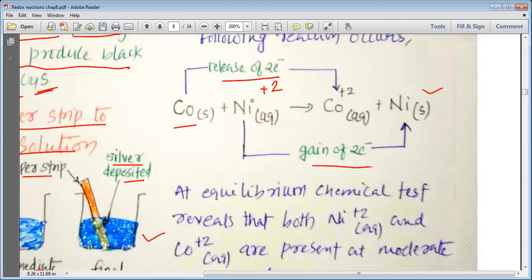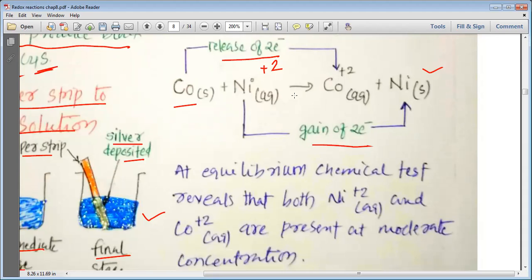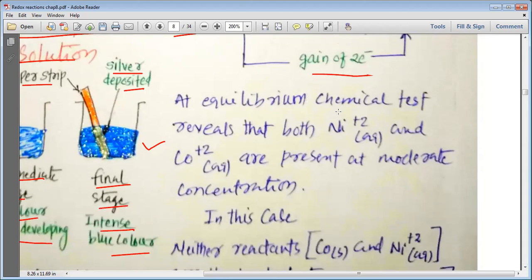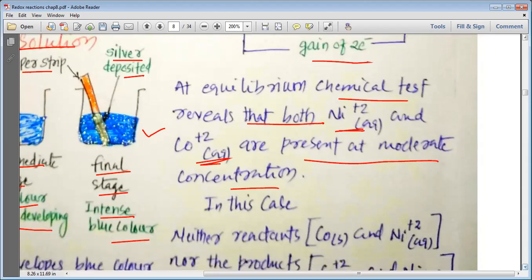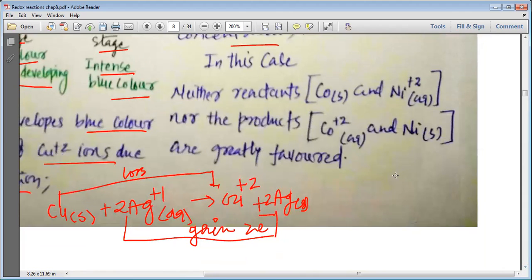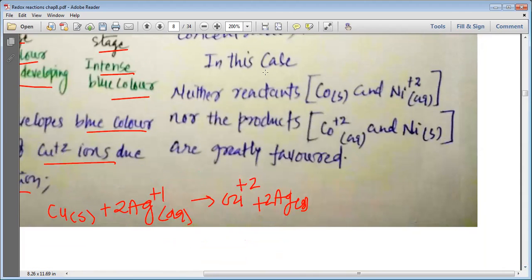Now when we look at these reactions at equilibrium, suppose there is an equilibrium established between the forward and reverse reactions. At equilibrium, a chemical test reveals that both Ni plus 2 and Co plus 2 are present at moderate concentration. So in this case, my dear students, neither the reactants, that is cobalt and Ni plus 2 aqueous, nor the products, that is cobalt plus 2 and Ni solid, are greatly favored.